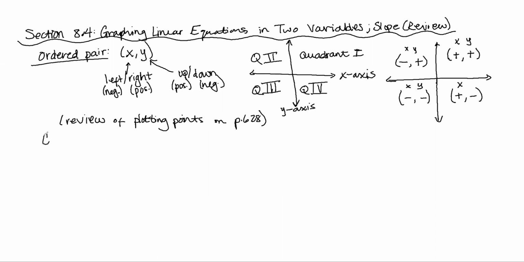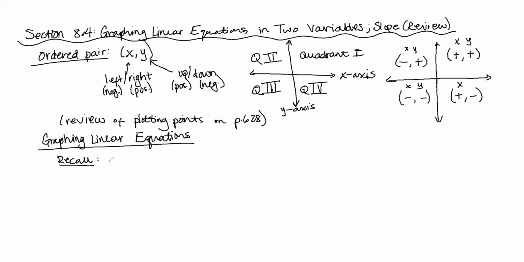Okay, now let's start talking about graphing linear equations, or graphing equations in 2 variables. Same thing. So a couple of things. Let's first remember how to find the x and y intercepts.